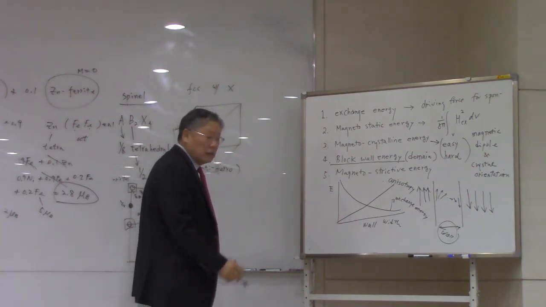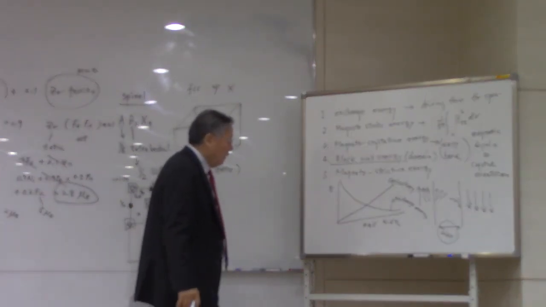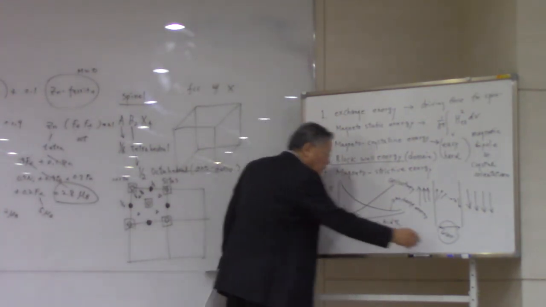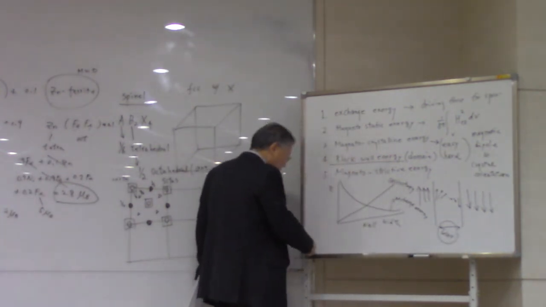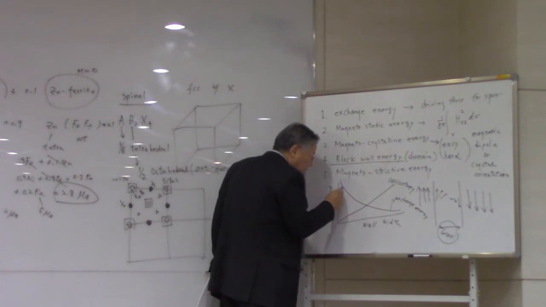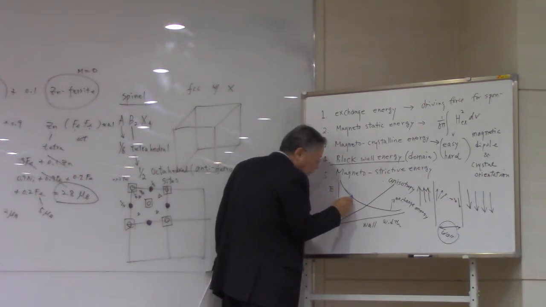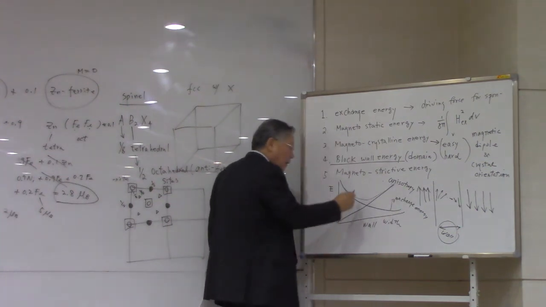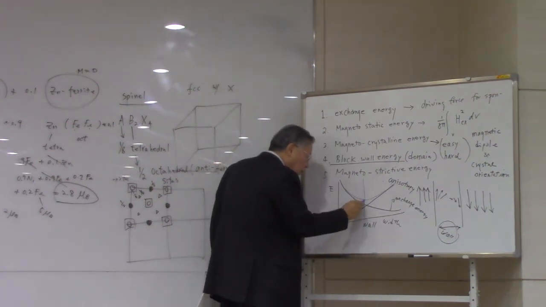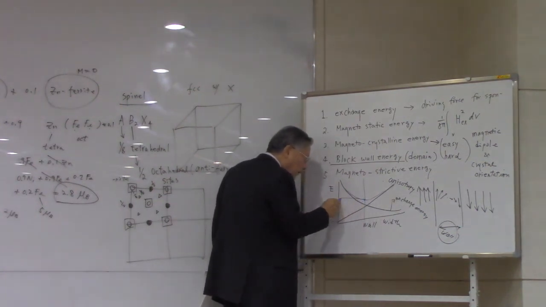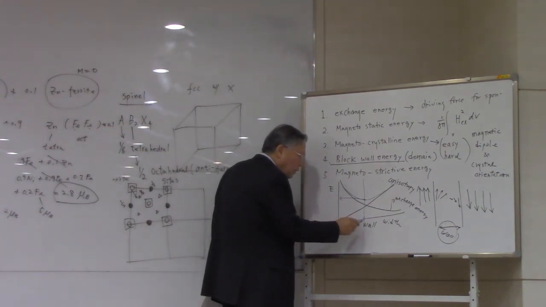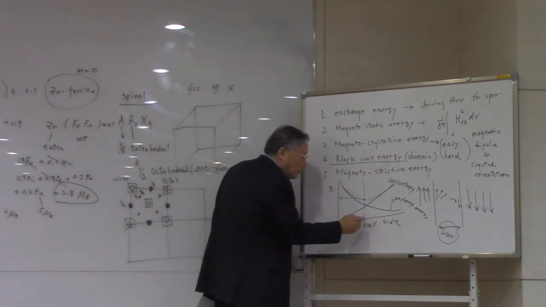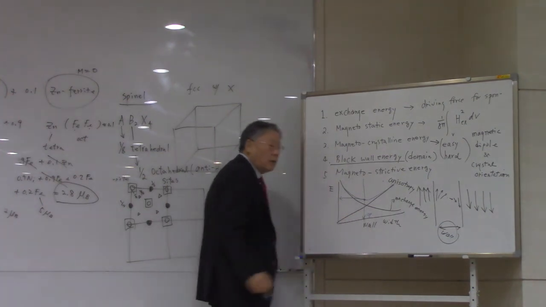Magnetocrystalline energy is linearly related. So in total, the energy related with the domain wall is going to be something like this, and then it goes like that. So it has a minimum energy somewhere in the middle of the domain wall width, and this is the most stable domain wall width.